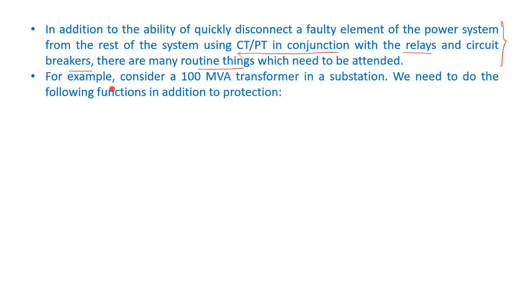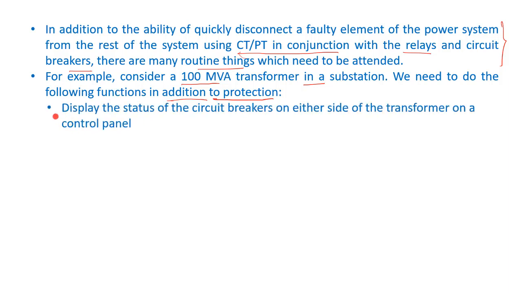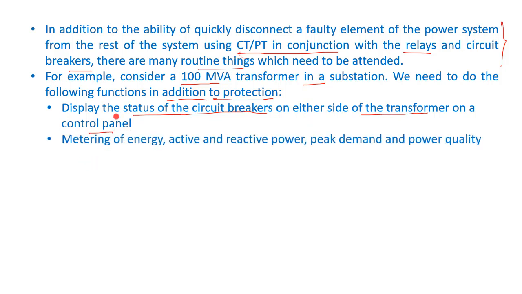We also need to attend to many more things. For example, let us consider a 100 MVA transformer placed in a substation. We need to do the following functions in addition to protection. First, display the status of the circuit breakers on either side of the transformer on a control panel, which is very important.